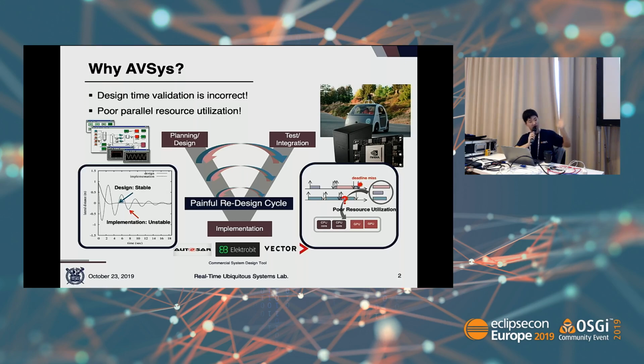On the left side, you may think the system will be stable in the design phase, but the actual implementation is not stable, because the sensor suite, the computing units and the target vehicle are not integrated well. And commercial system design tools don't care much about resource utilization yet.